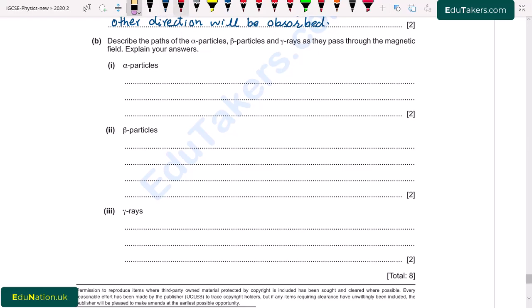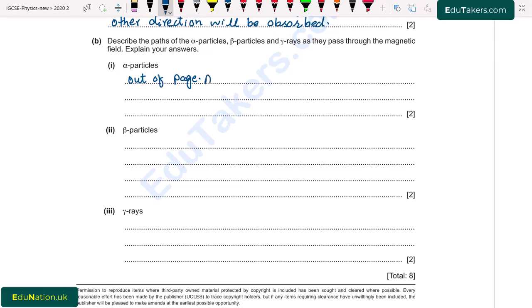So when the alpha particles pass through the magnetic field, the direction of motion will be out of page. So I am writing here, direction will be out of page. It's the direction of motion. And we know that the alpha particles move in the direction of current. That's why its direction of motion will be out of page.